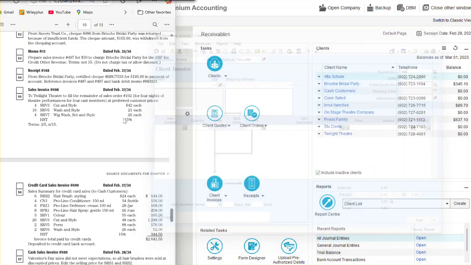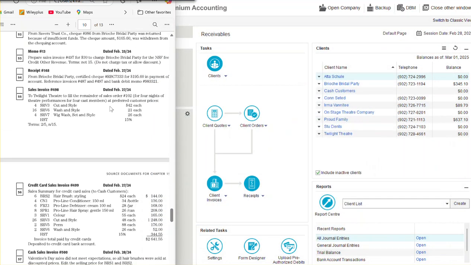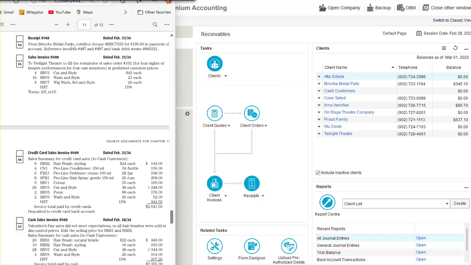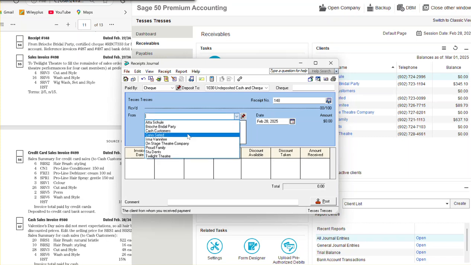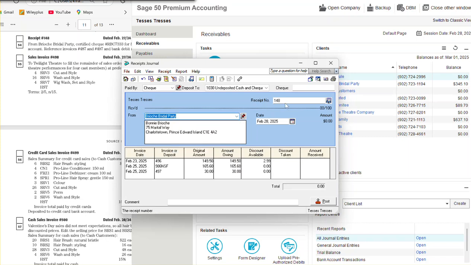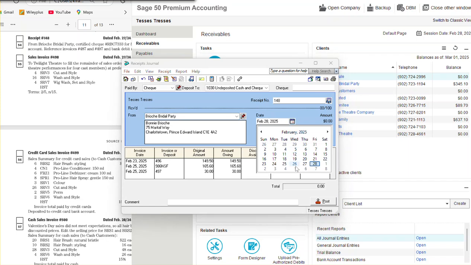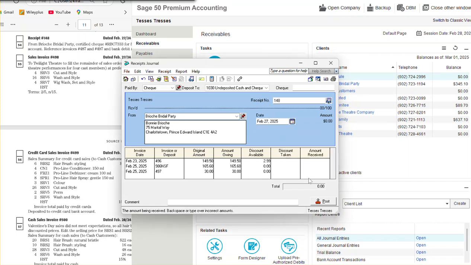We are going to go next, and the next is, we already did this. Oh, that was the term. Receipts, you're receiving money, double click on it, and it is from Brooch Bridal, and that is 148. The date is the 27th, and they are paying us for the 97, $30, and they're also paying us for that $165.